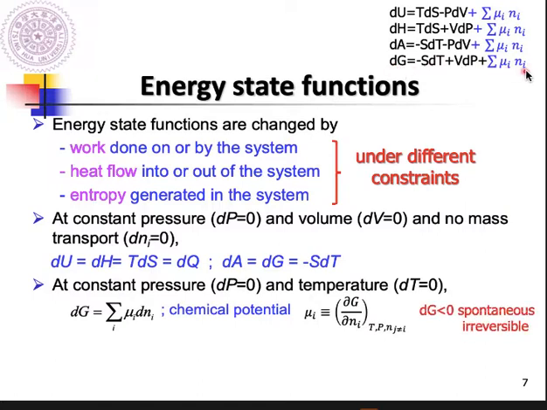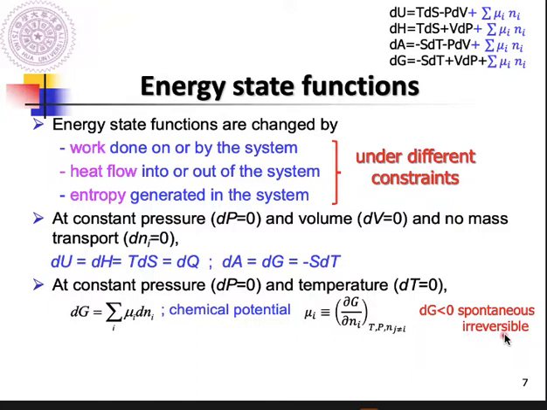So if any mass transport happens, based on the Gibbs free energy, dG should be negative. Because if dG is negative, that means the total Gibbs free energy is decreased, and so this process will be spontaneous and irreversible.